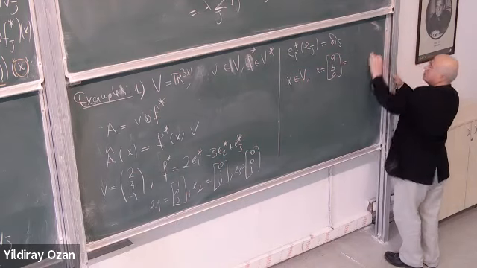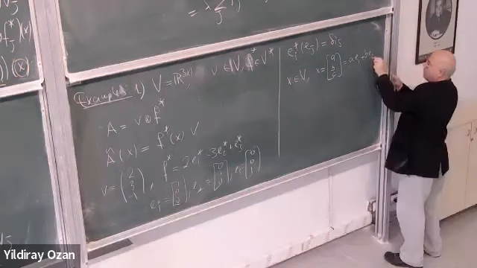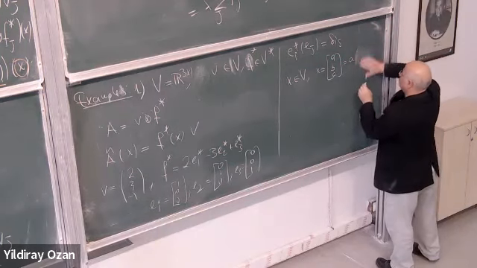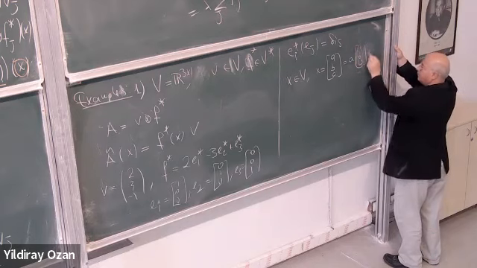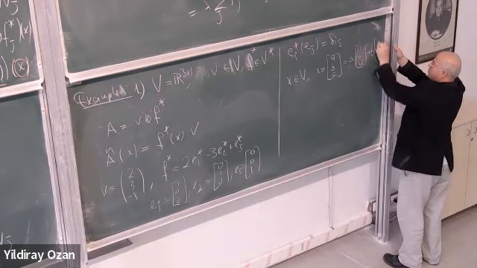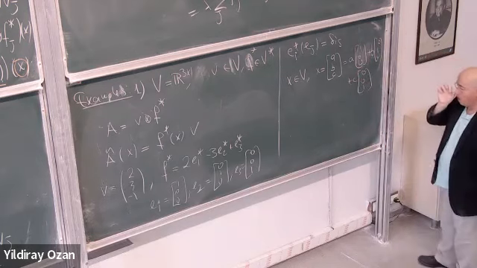And this is just A times E1, plus B times 0, 1, 0, plus C times 0, 0, 1.